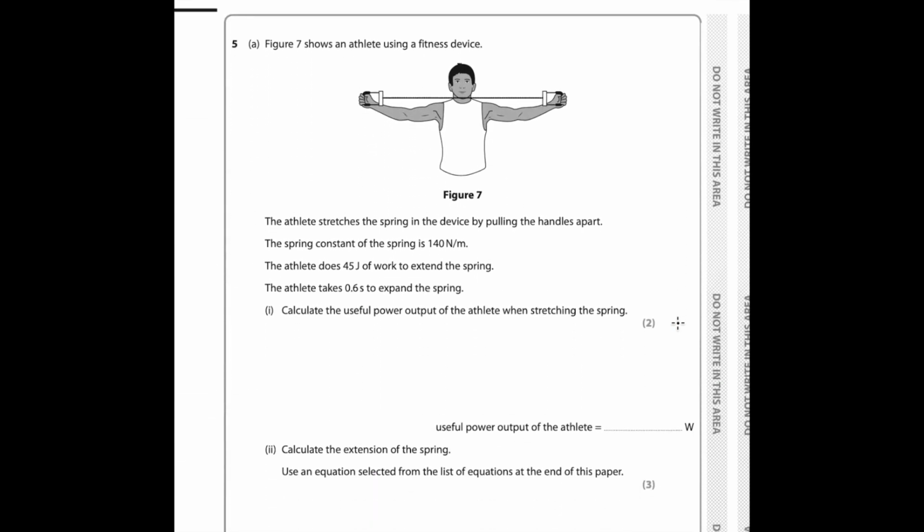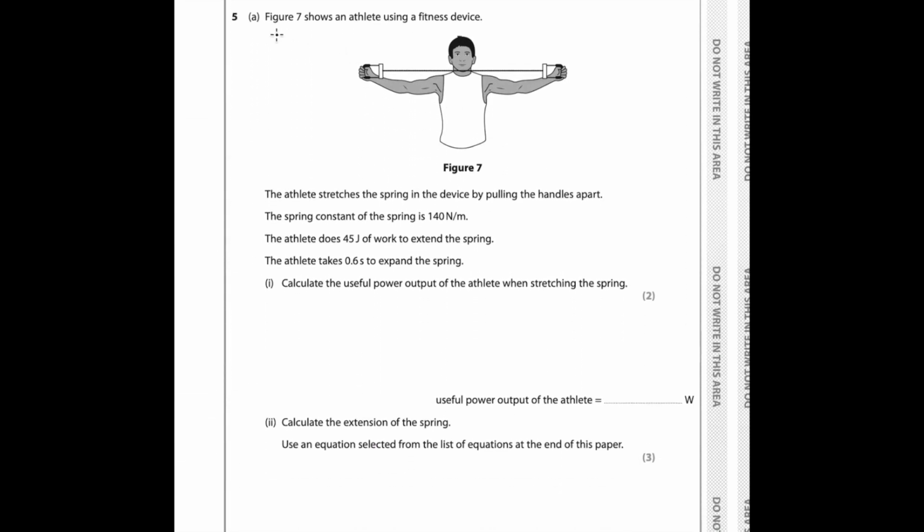Question 5. Figure 7 shows an athlete using a fitness device. The athlete stretches the spring in the device by pulling the handles apart. The spring constant of the spring is 140 newtons per metre. Spring constant has got the symbol K. The athlete does 45 joules of work to extend the spring.